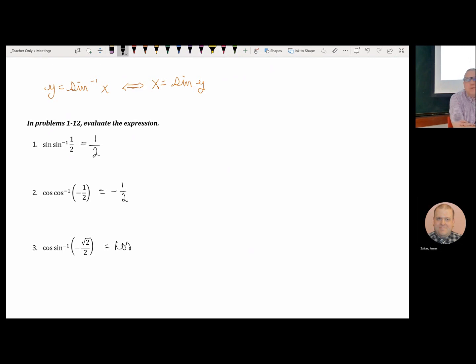First thing you want to ask yourself is, what quadrant are we dealing in? For inverse sine, the range is what quadrants? Remember, the range has to cover all values.